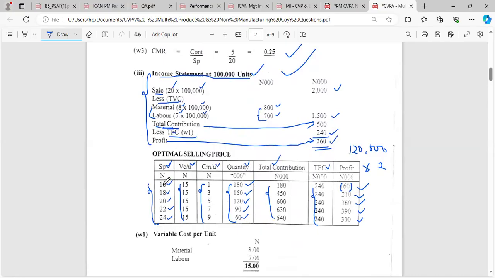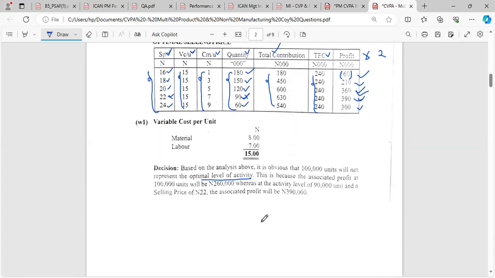Now we are not testing for different prices. We are giving our decision that this 100 that we produce and made 260, there are other quantities that we can produce that will give us above 260. Imagine, if we produce 120, we'll get 360. If we produce 90, we'll get 390. So I think the optimum here is actually to produce 90 and sell at 22 naira. Let's confirm.